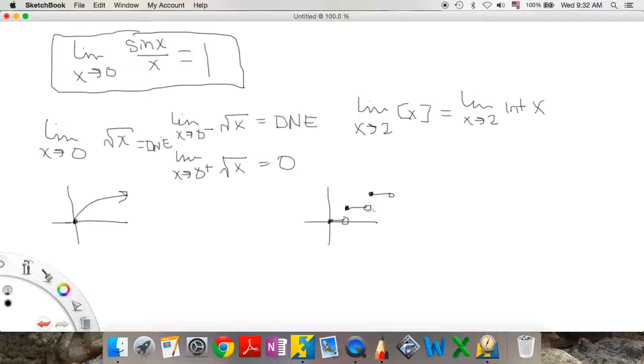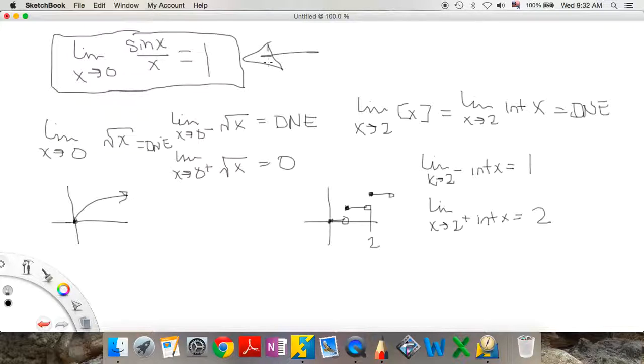So if we're at x equals 2, then the limit as x goes to 2 from the left of the greatest integer function is 1, but the limit as x goes to 2 from the right of the greatest integer function is 2. So this limit does not exist. Make sure you're paying attention to this one. Make sure you know what the greatest integer function is.